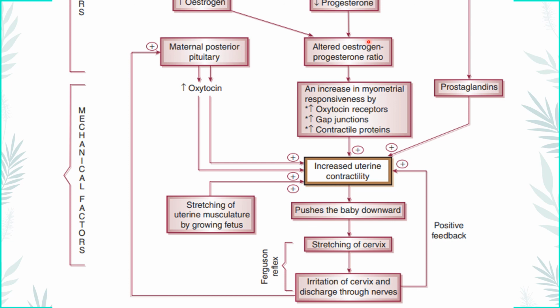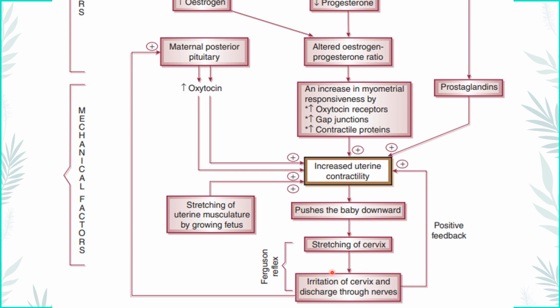And then the positive feedback effect: stretching and irritation of the cervix is particularly important because this positive feedback effect leads to a further reflex increase in uterine contractility, and this positive feedback mechanism continues until the baby is expelled. Now the role of the Ferguson reflex.